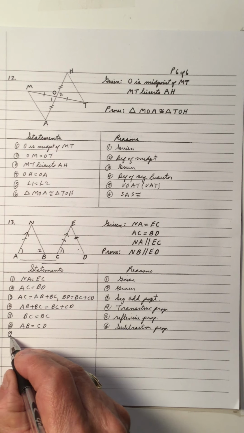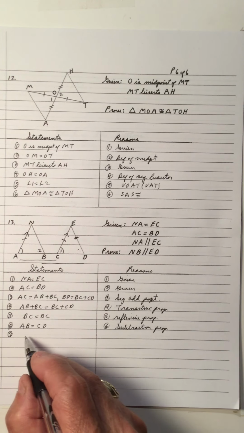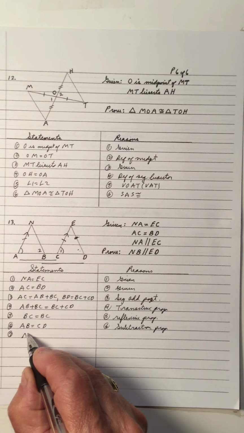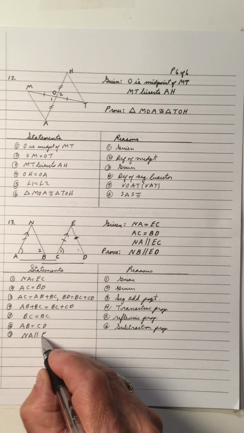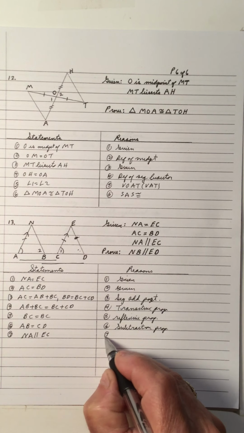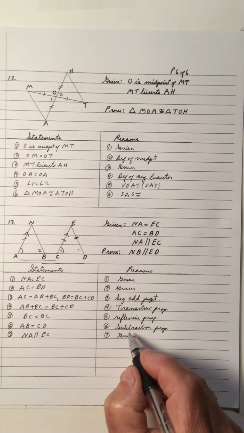And now we have, let's see, we need the parallel lines now. NA is parallel to EC, given.